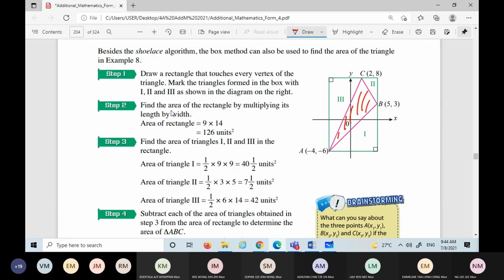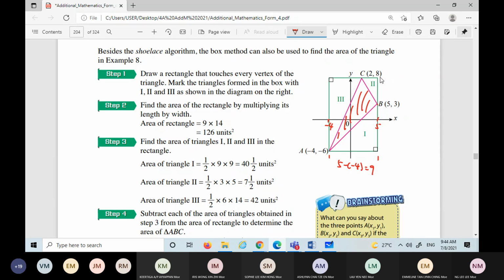So step 2, find the area of the rectangle. You multiply length by width. So from here to here, if this is a coordinate, then you use the x coordinate. The x coordinate for this point is 5, and then this is -4. So you get 5 minus -4, so here is 9.